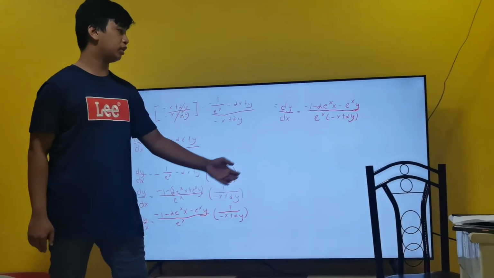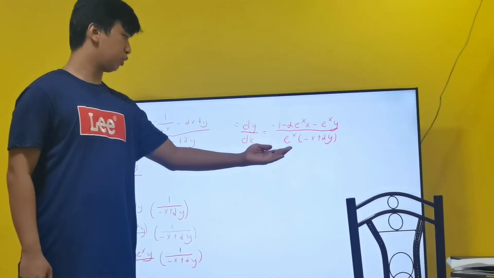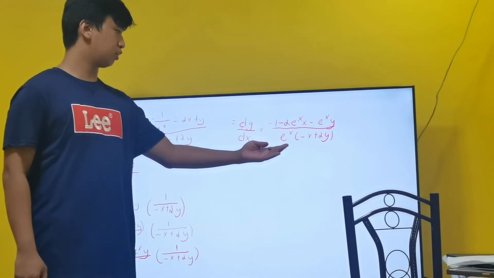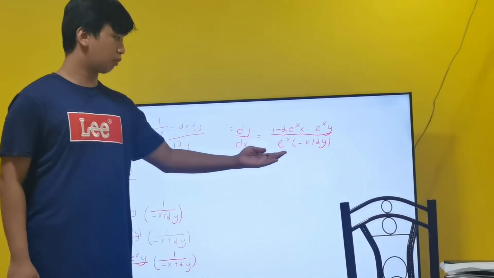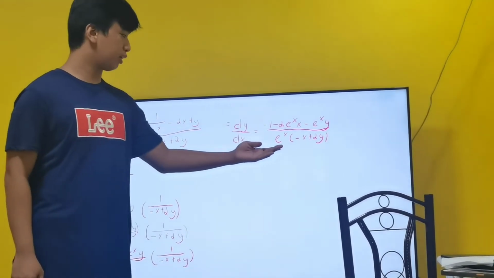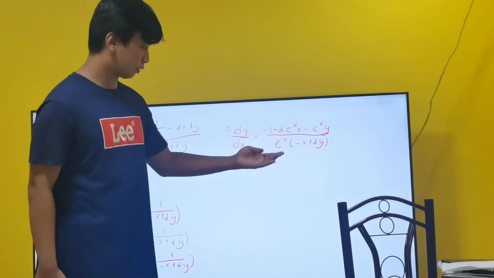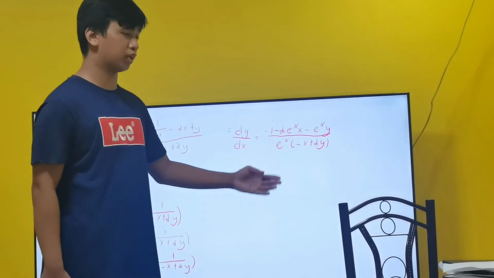Then the outcome will be negative 1 minus 2e raised to the power of x minus e raised to the power of x y over e raised to the power of x times negative x plus 2y.